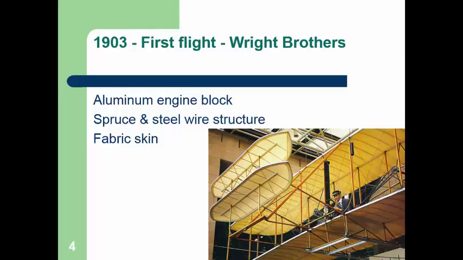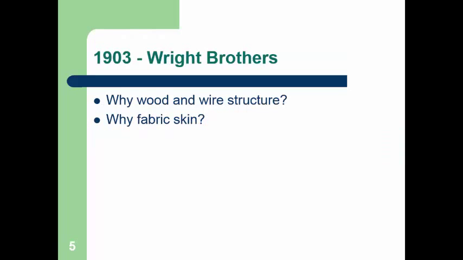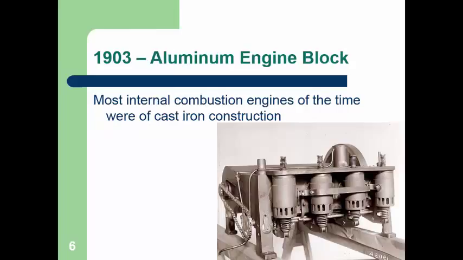The fabric skin was a cloth skin stretched over this wooden structure and then coated, or doped as the terminology went, with a material to make it non-porous, so it acted like a sail. And sails, of course, were familiar technology in this era. So this is one of the Wright brothers aluminum engines that they developed.